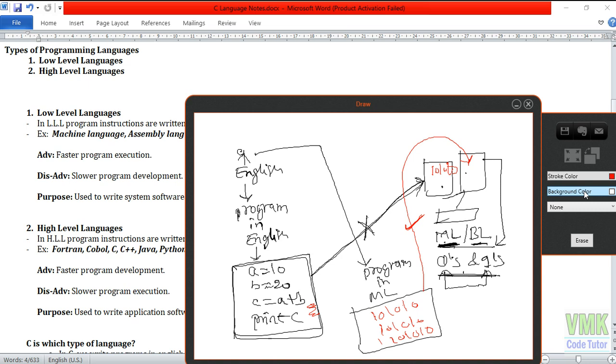So writing the programs in machine language is low level programming. Writing the programs in English is called high level programming. English is our well-known language, therefore English programming is called high level programming, and writing the programs in machine language is low level programming.